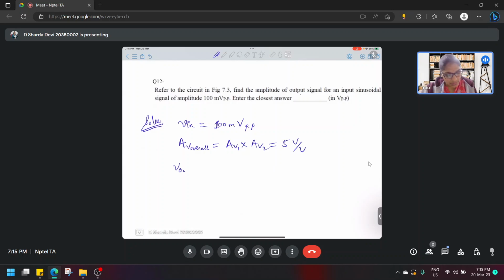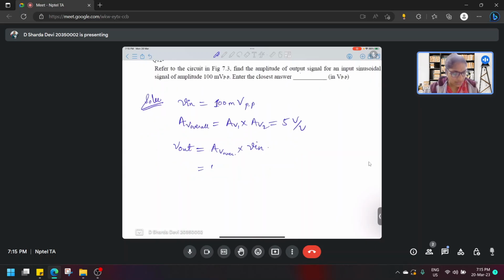Now we have to find Vout. Vout will be AV overall into Vin, so that is simply 5 into 100 millivolt peak to peak. So Vout is 500 millivolt peak to peak, or 0.5 volt peak to peak.